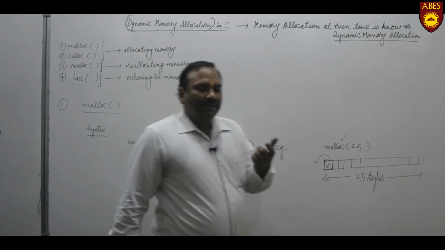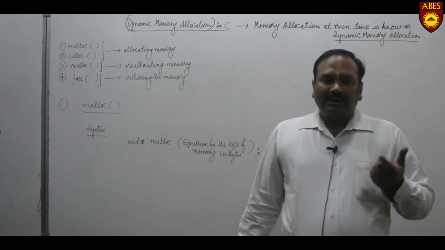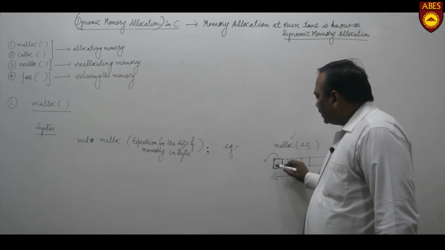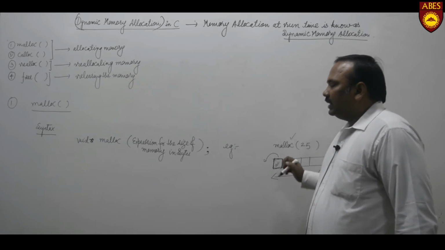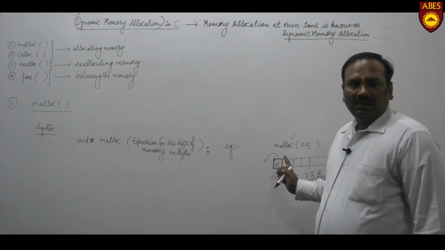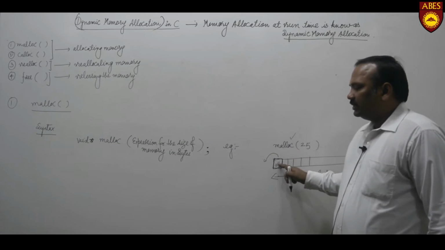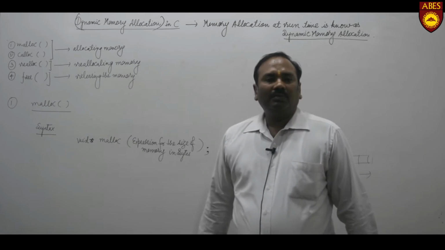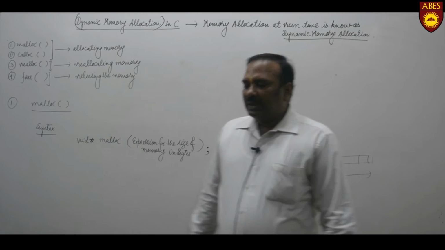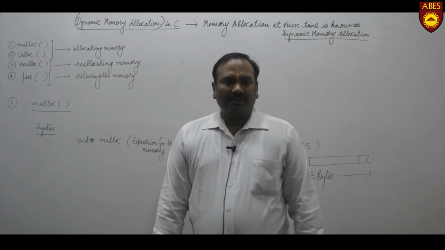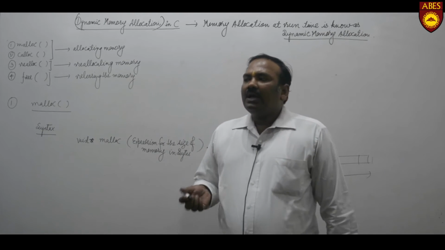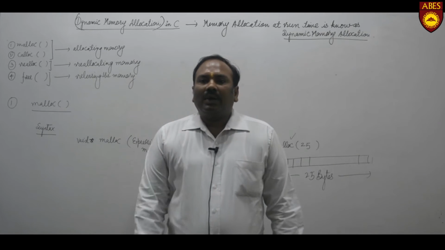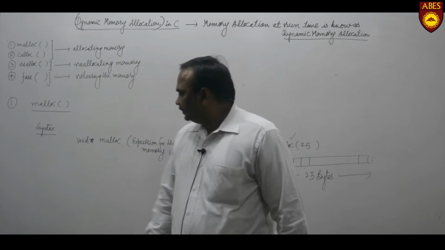A pointer is a container of an address, so a pointer is needed, but we don't know which kind of object we are going to store here. Malloc is not concerned about this object, so it returns the address in void pointer form so that it can be cast to any type. A void pointer is a general purpose or generic pointer that can be cast as per the requirement.